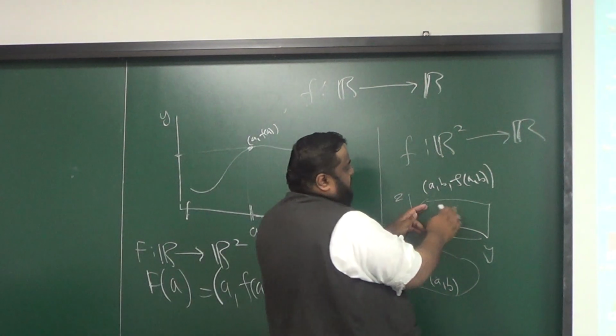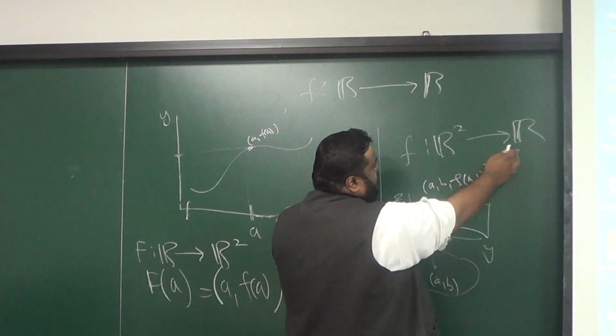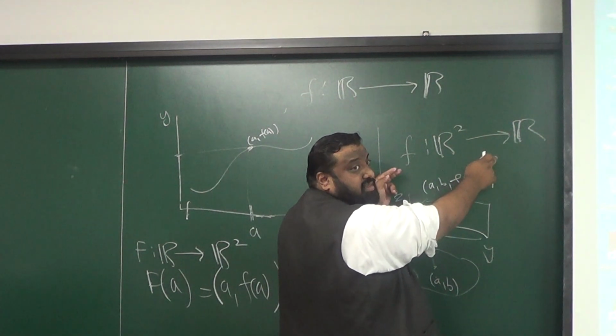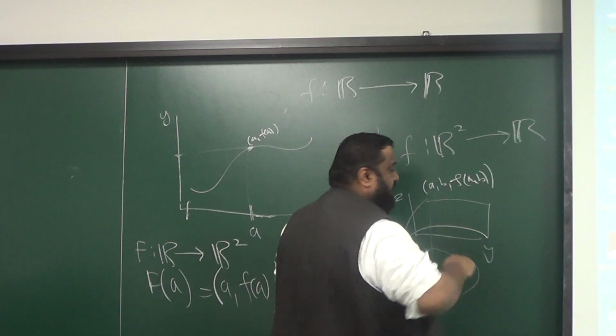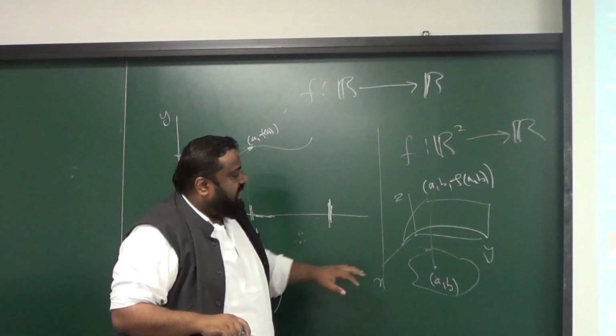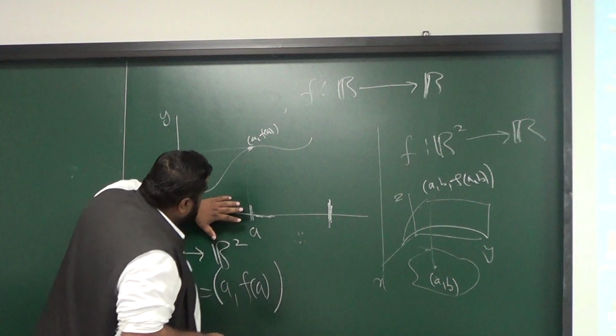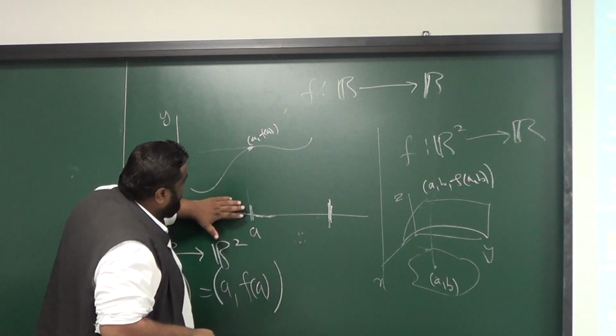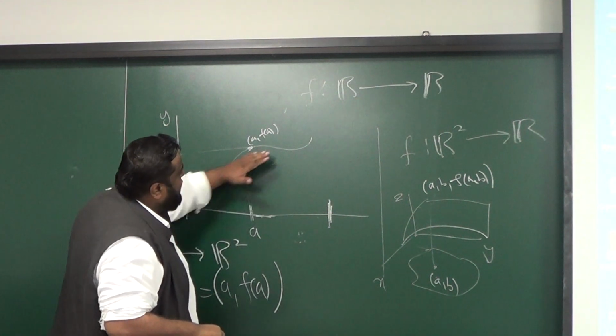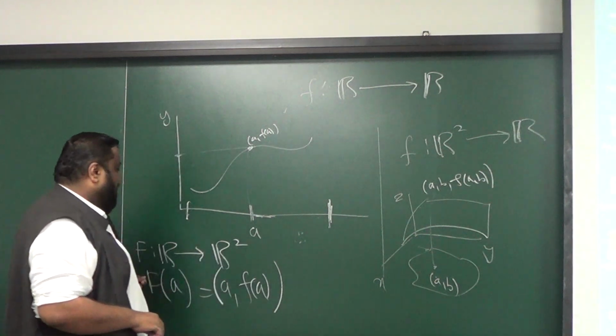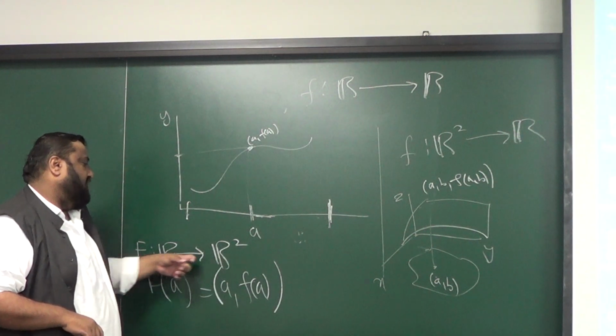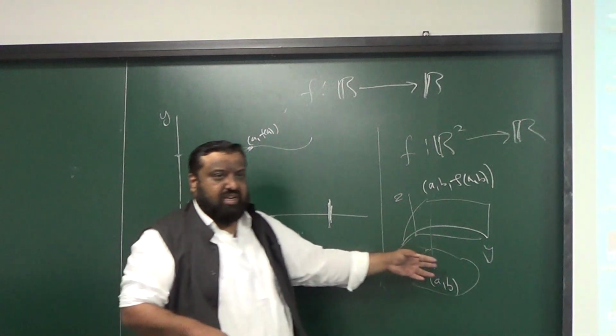But the surface is the graph of such a map. That's another way to look at it. As I described the relationship between this line and the graph through a map F, which I can treat as a map from R to R2, I can have something similar here as well.